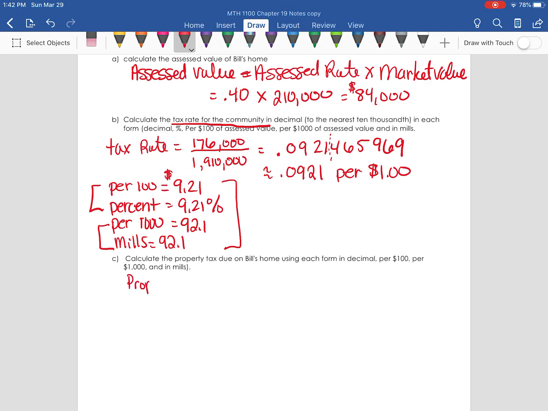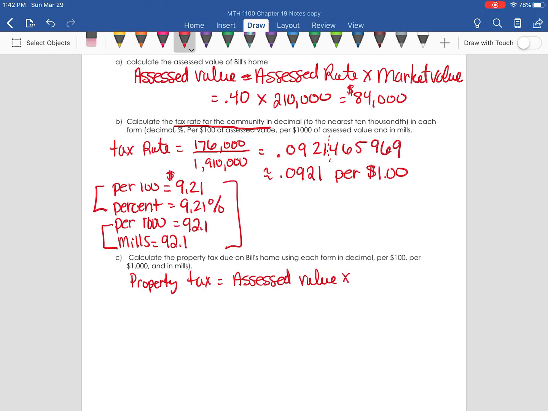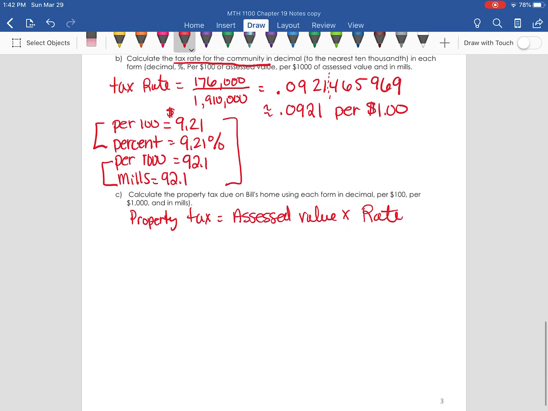So to find the property tax, we take the assessed value times the tax rate. And we're going to do this for each of the different forms of the tax rate. And every time it should come out the same. We should still get the same amount of taxes. We're just doing it in a different way.